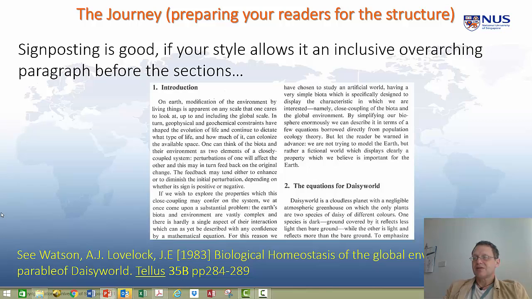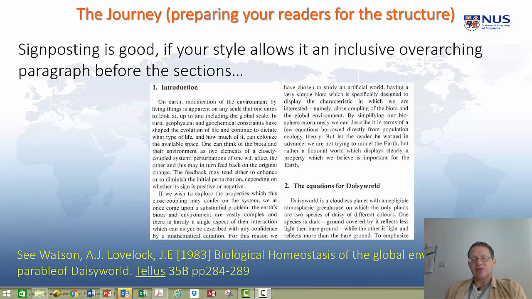The complete paper is actually in the Dropbox, and it's by Andrew Watson and Jim Lovelock. It's a very famous paper about the Gaia hypothesis, and it was where they began to try to find a modelling basis, and they invented a world called Daisy World. And let's look at that a bit more now.